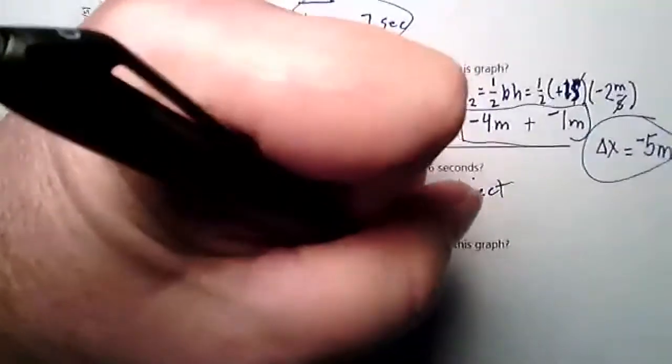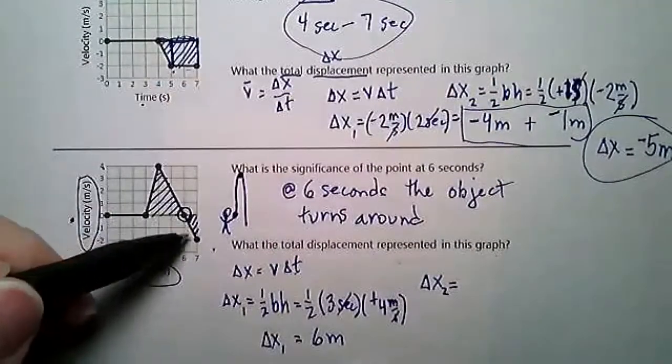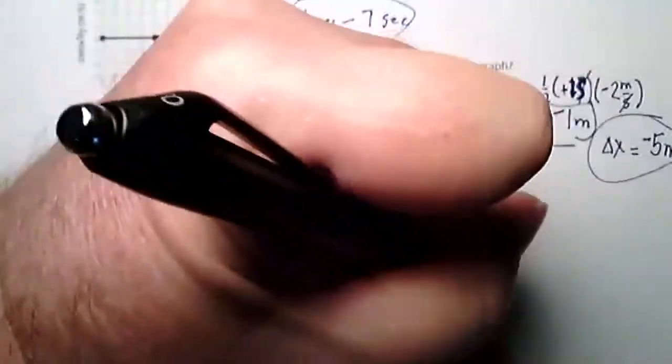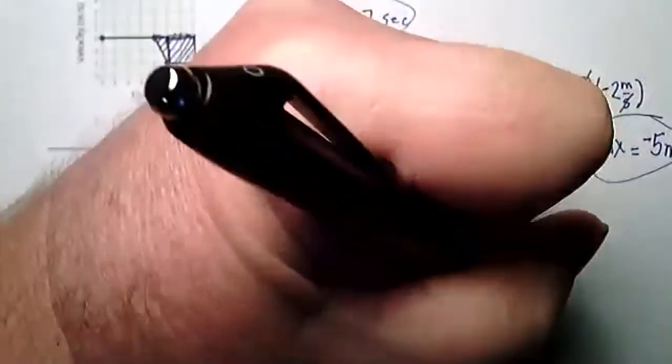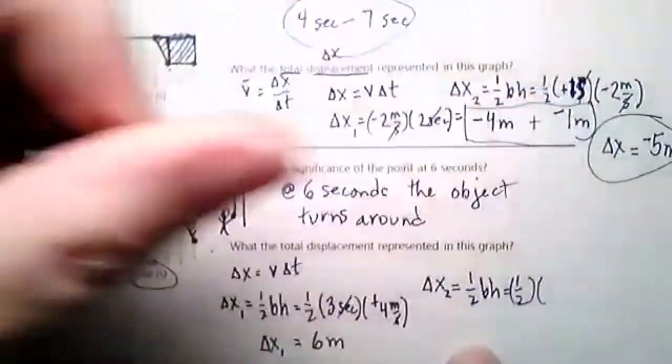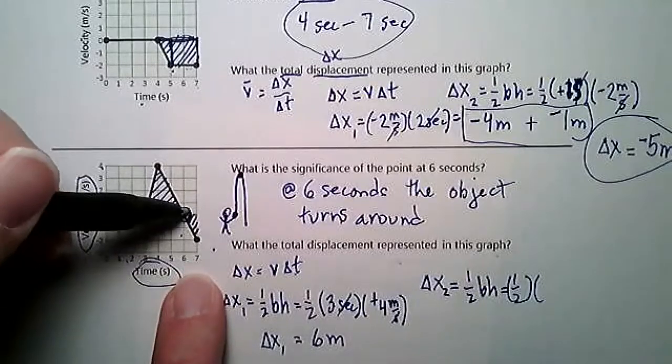Now we do the same thing, delta x2, for this little dinky triangle right here. And it's still a triangle, so it's 1/2 base times height, or 1/2. If we say that this is our base, that would be 1 second, right? So this would be 1 second is our base.